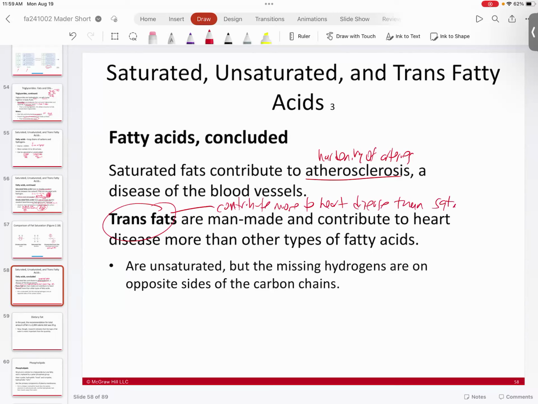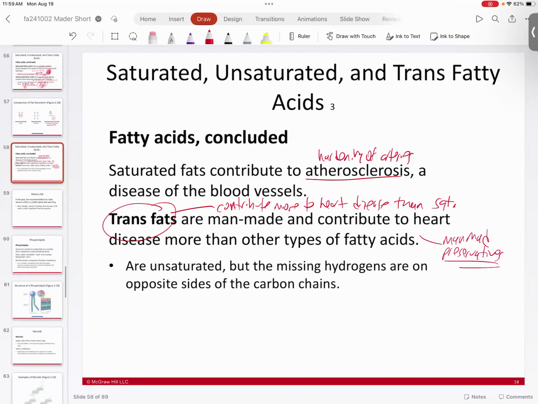So they're really bad. Trans fats are basically man-made, so they're preservatives. And so that's something you want to watch in terms of your diet.